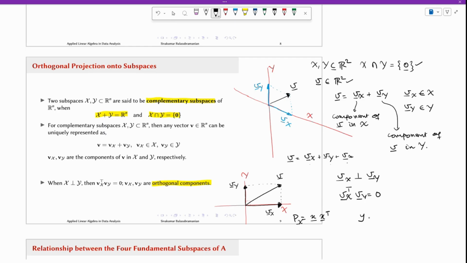Similarly, if I have an orthonormal basis for Y, then Y Y transpose will give me the orthogonal projection matrix onto the subspace Y. That means Vx will be X X transpose times V. And Vy will be Y Y transpose times V. Okay.